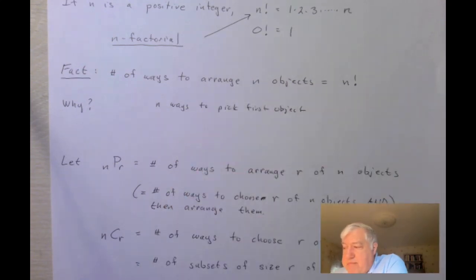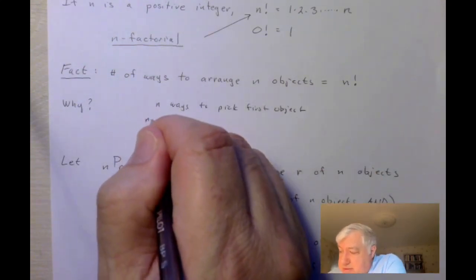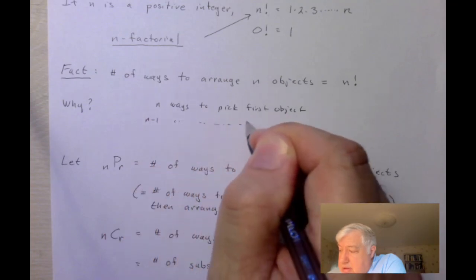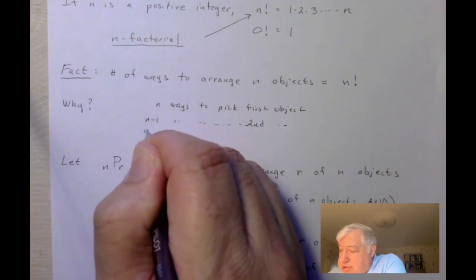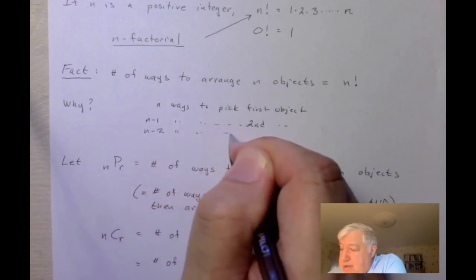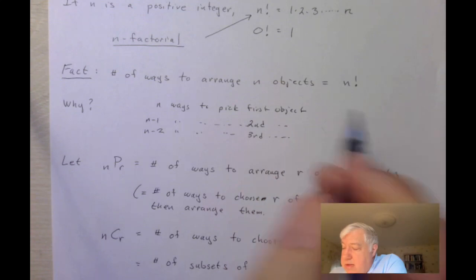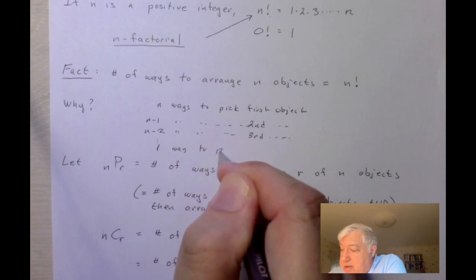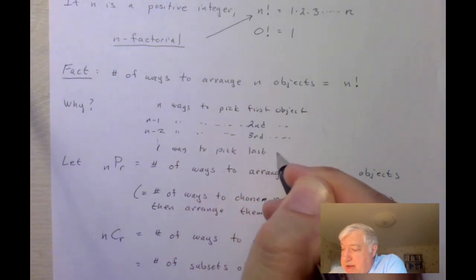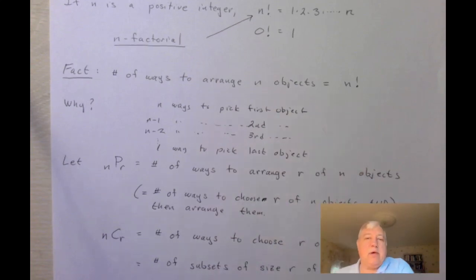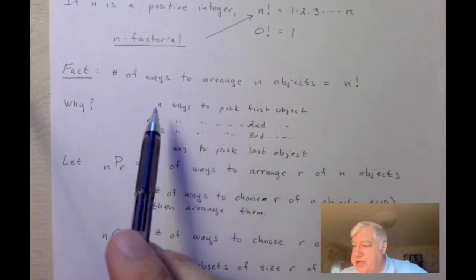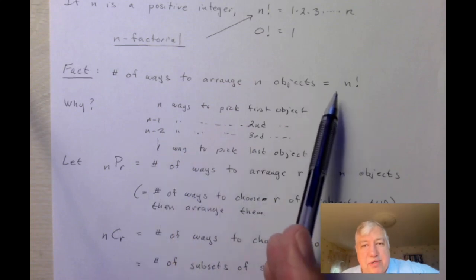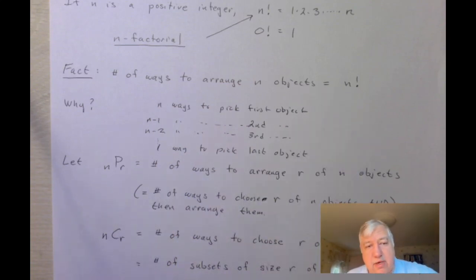And then after that, there are n minus 1 choices for the second object, and n minus 2 ways to pick the third object, and all the way down until there's only one way to pick the last object, or the nth object. Okay, so we use the multiplication principle, and we multiply all these numbers together, which is precisely what n factorial is. Okay, all right. So that's one formula you need to know.